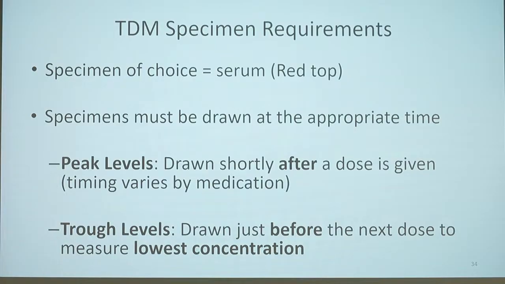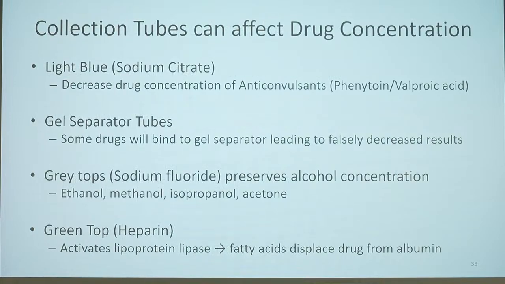So we talked about the specimen of choice: red tubes, nothing in the tube, and when to draw, after steady state in the trough. Other tubes can cause drug interactions and distort the levels of drug in the blood, which is why we don't use them.